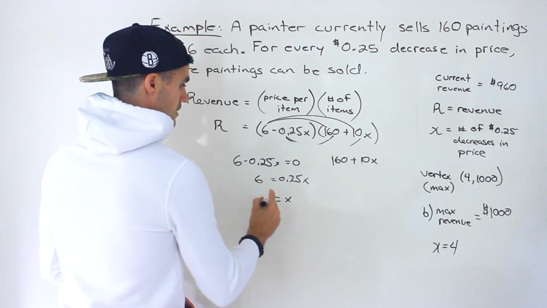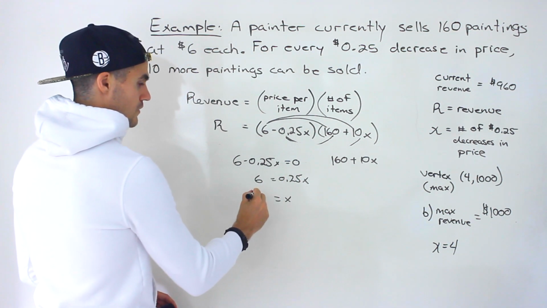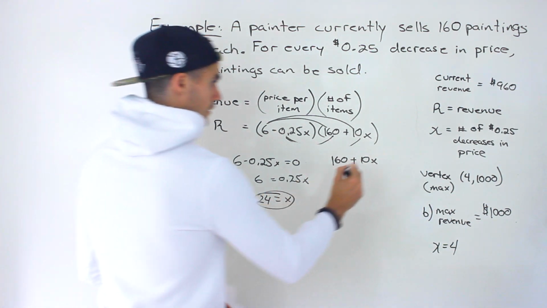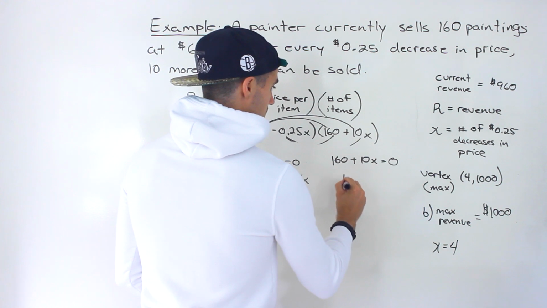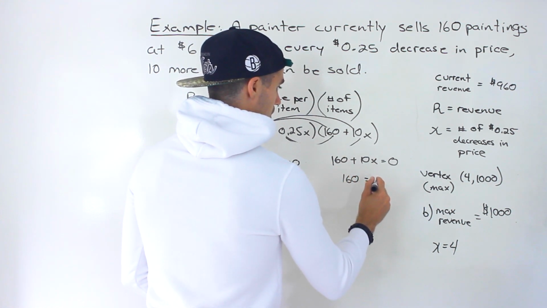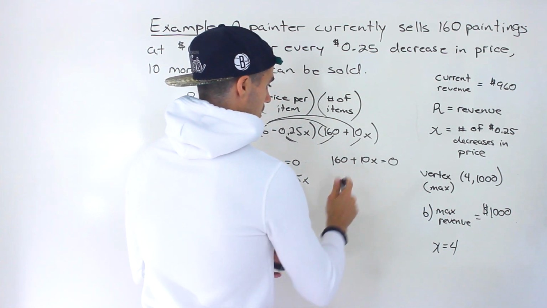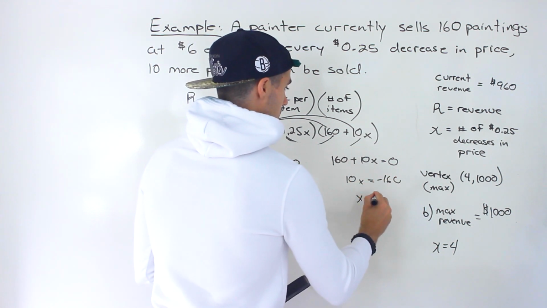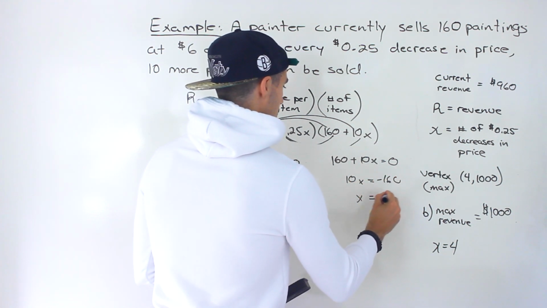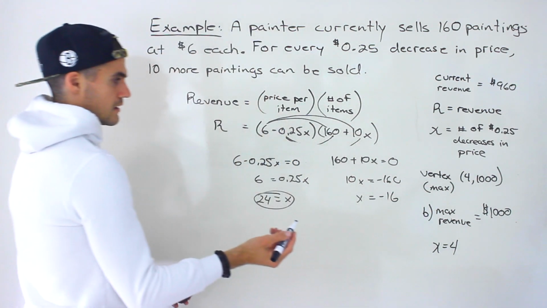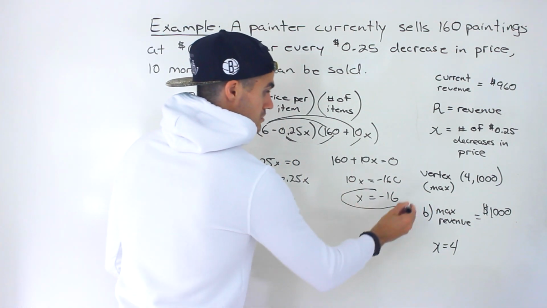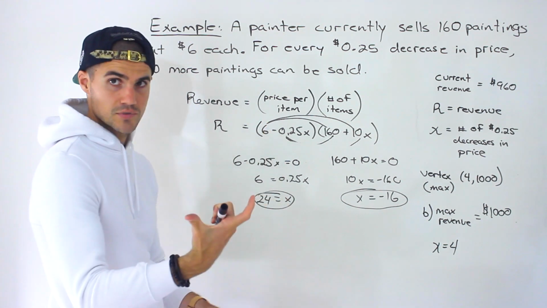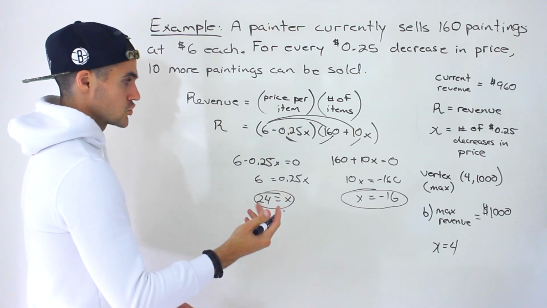So we'd have x equals, divide both sides by 0.25, it would be positive 24. And then over here, when is this going to equal 0? Let's keep the 10x on this side, negative 160. X is going to be negative 16, like that. So those are the two intercepts for this quadratic.